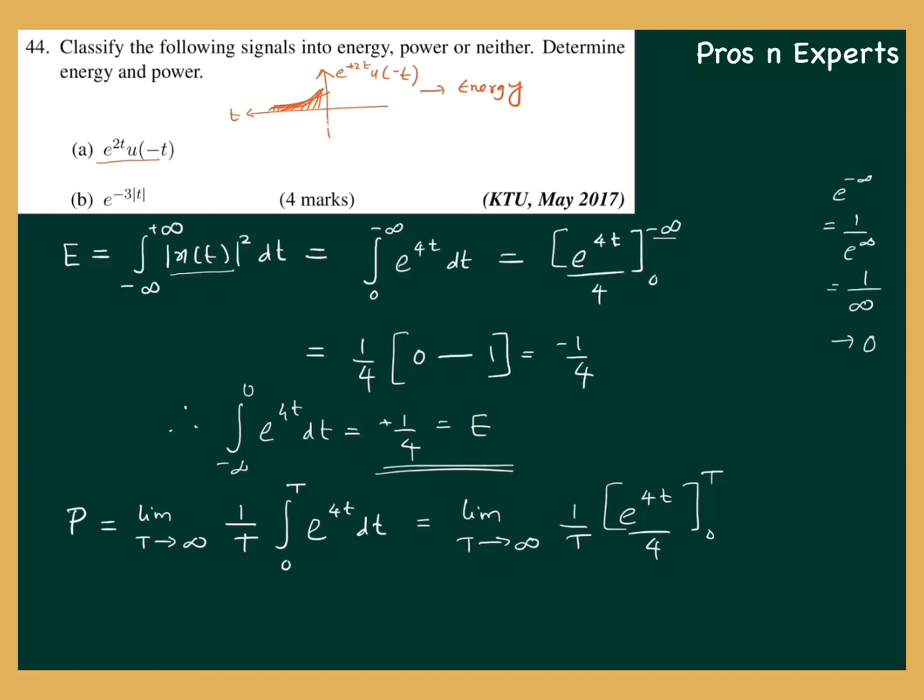It is 0, right? So this expression will end up in the value 0. So consolidating, we have got energy as a finite value 1 by 4 and power as 0. So definitely this signal is an energy signal.